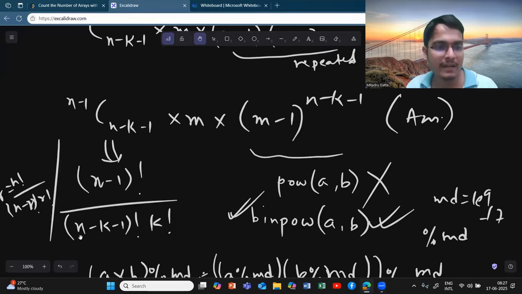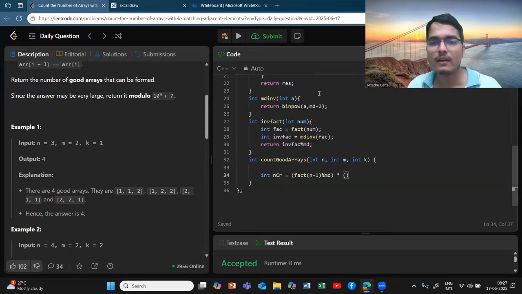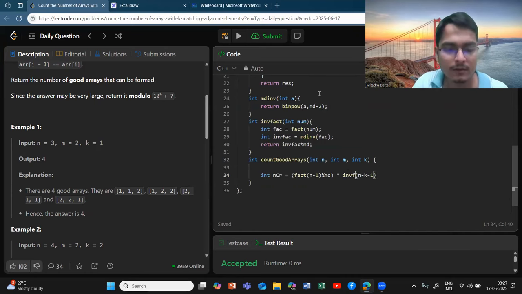In the inverse factorial, I have n minus k minus 1, and I also have k minus 1, but k, only k. So I will have this also.